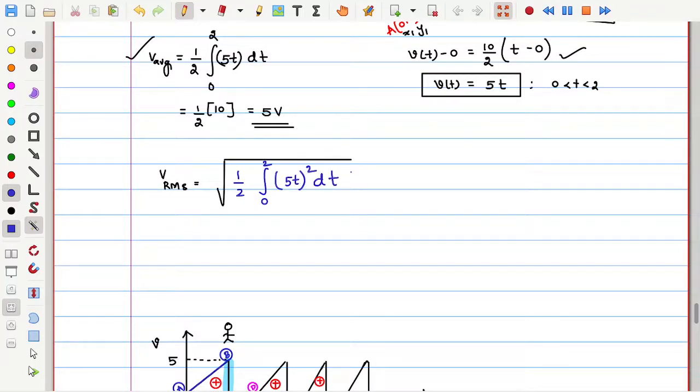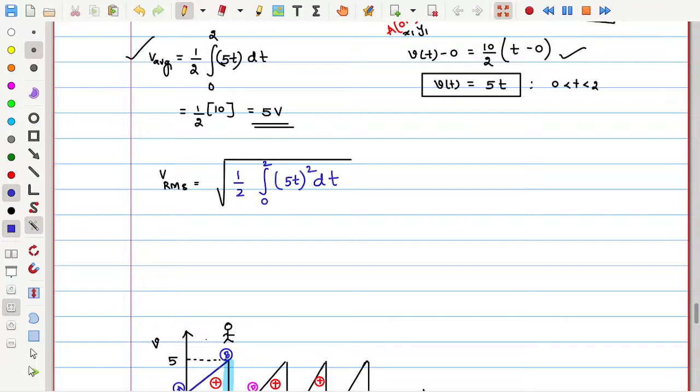That's all. See, compare the average and RMS. I just added an extra square root and squared the function. Then how much will I get? Check it. So this I'll get as 12 point something. Because 0 to 2, into 0.5.